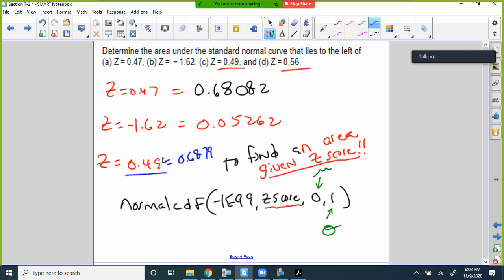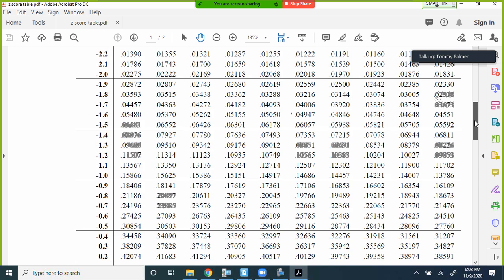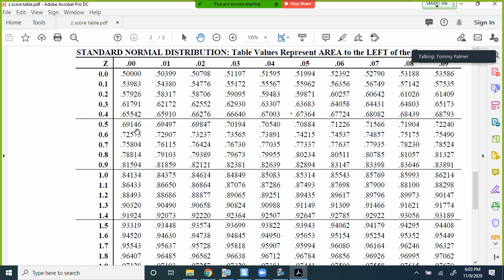All right. So, let's see how it equates to the z-score table. 0.49. So we know we've got to be on positives, right? So we're going to go here. 0.49 is 0.6879, what? 3.